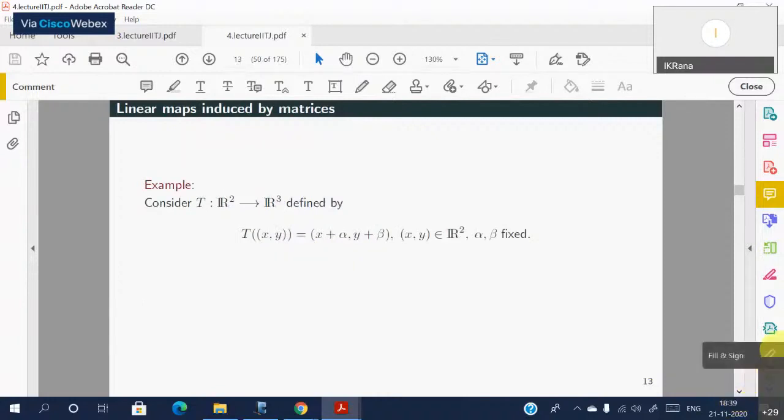Let us look at the map T(x,y) goes to (x plus alpha, y plus beta). So this is shifting x to x plus alpha and y to y plus beta. One second poll, whether it is linear or not.